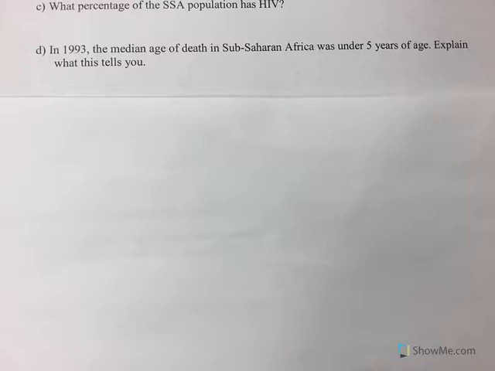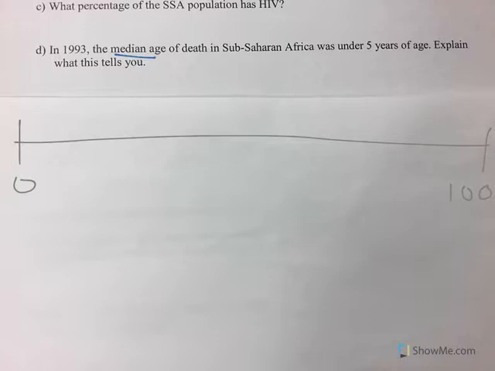In 1993, the median age of death in Sub-Saharan Africa was under 5 years of age. Explain what this means. Okay, the median, we know, is in the middle.